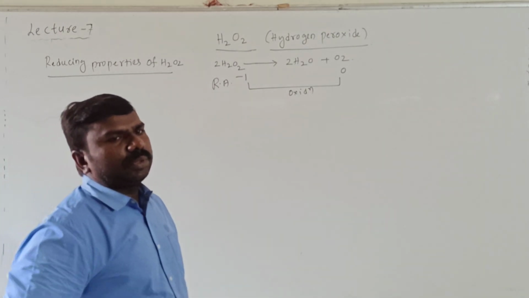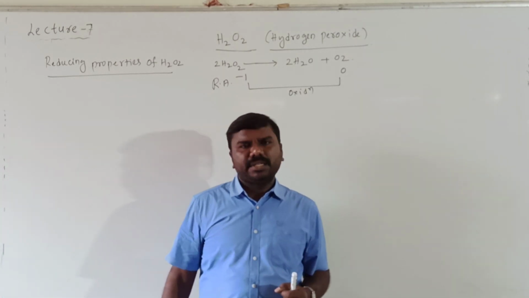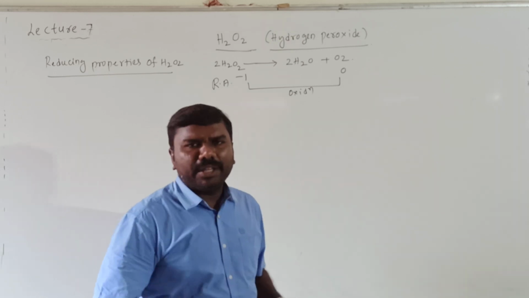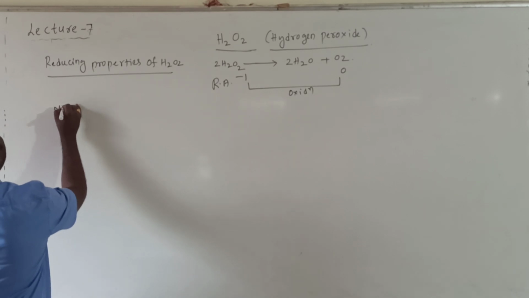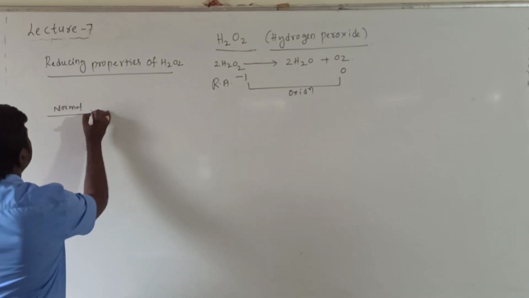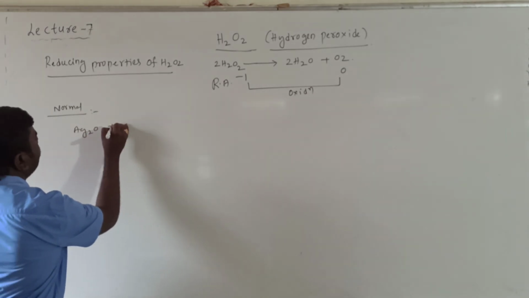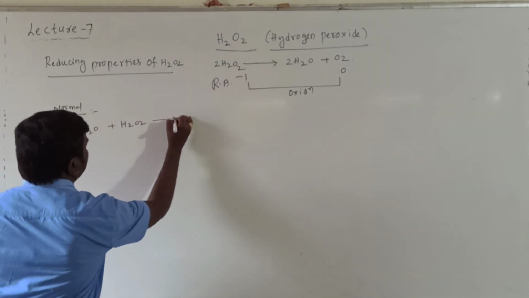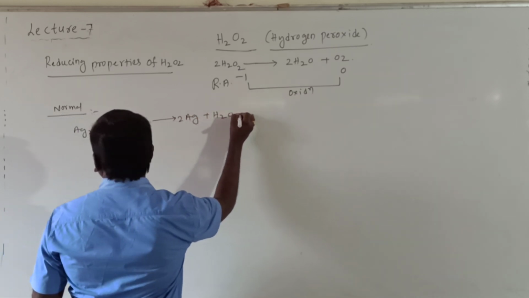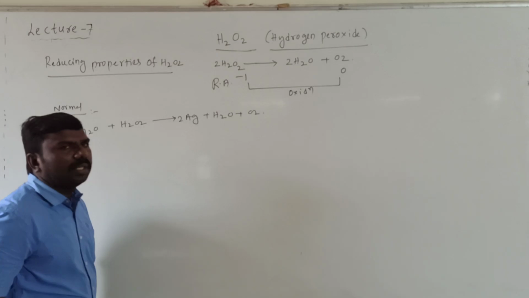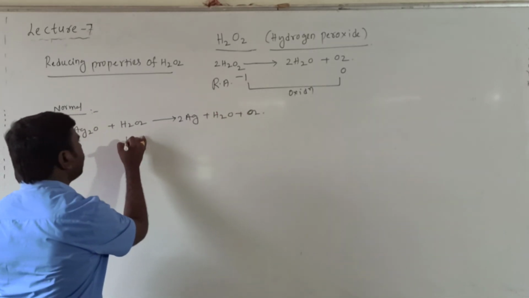Students, H2O2 in acidic medium and basic medium acts as a reducing agent. Not only in a medium, normally also, in normal reactions. In that case, Ag2O plus H2O2 is converted into 2Ag plus H2O plus O2. O2 formed means obviously this is which agent?